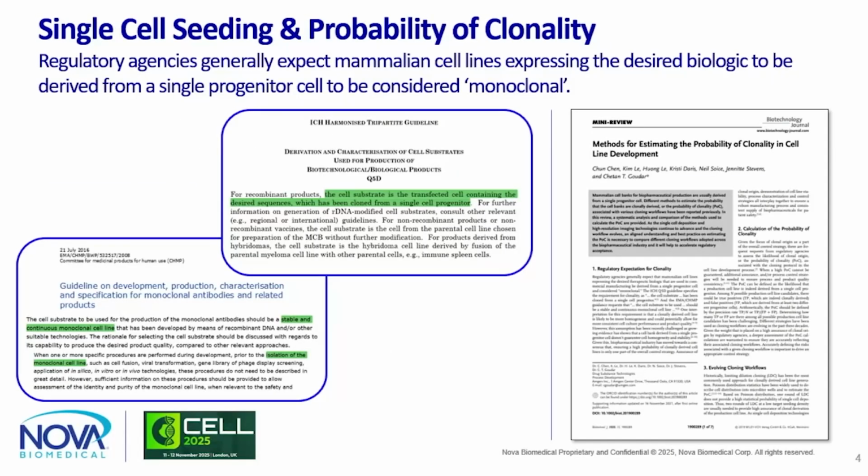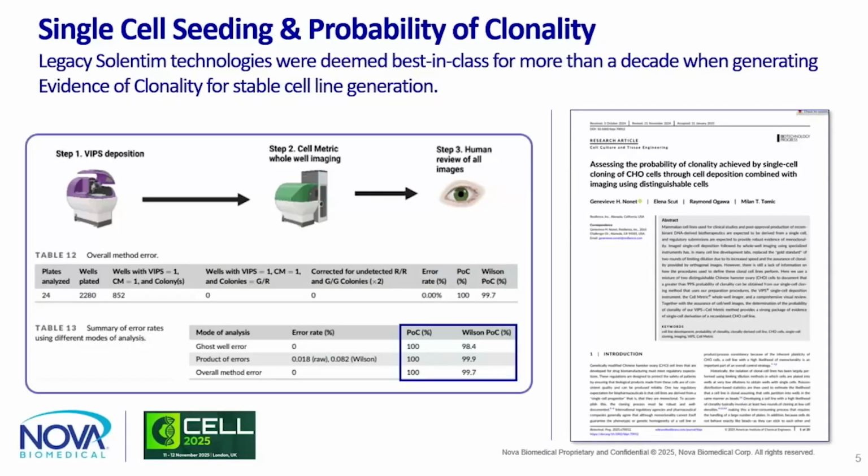When it comes to proof of clonality, regulatory authorities expect mammalian cell lines expressing the desired biologic to be derived from a single progenitor cell to be considered monoclonal. Our legacy Solentim VIPS and Cellmetric have been widely adopted for their single cell seeding and whole well imaging capabilities.